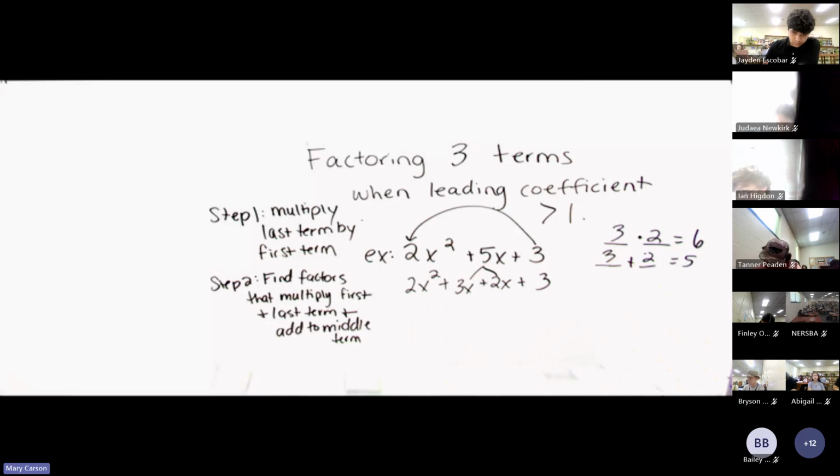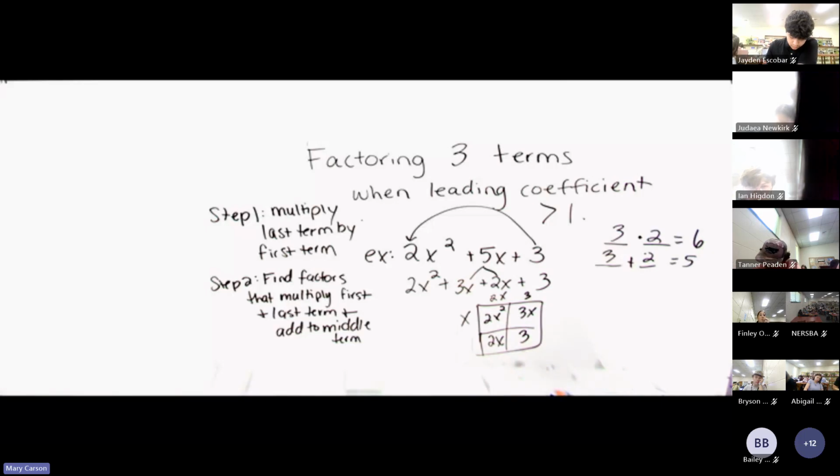You can either factor it by grouping or you can do the reverse box, whichever one you want. So I'm going to do the reverse box. And I'm going to put these in: 2x squared, 3x, 2x, and a 3. And I'm going to pull out what they have in common. These 2 both have a 2x. These 2 both have a 3. These 2 have an x.